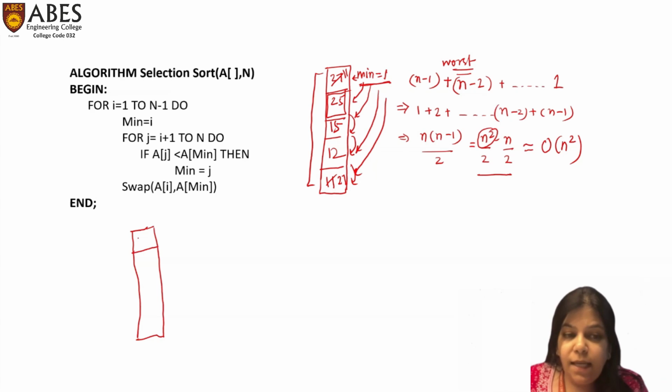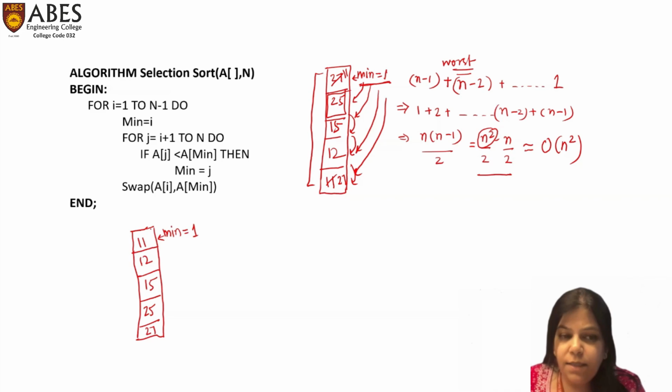Let's see. Let's take an example in which the array which I'm taking is, suppose, already sorted. So the values are the same, but they are sorted: 11, 12, 15, 25, and 27. Now in this case, for the first iteration, the value of minimum will be 1. That means the minimum will be pointing to the first index.